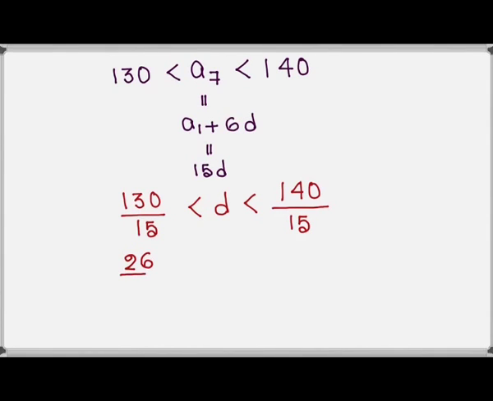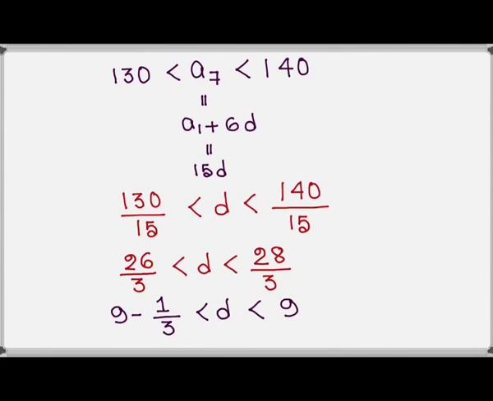26 divided by 3 is strictly less than D, and D is strictly less than 28 divided by 3. We can write it like this: 9 minus 1 by 3 is strictly less than D, and D is strictly less than 9 plus 1 by 3.